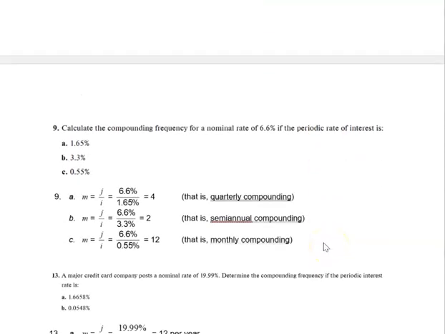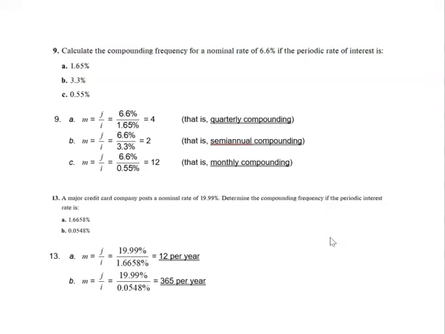Let's try number 9. Calculate the compounding frequency for a nominal rate, your annual interest rate of 6.6%, if the periodic rate, or your I, is 1.65%, 3.3%, and 0.55%. So again, we're changing our formula around in order to get the M, the compounding frequency.